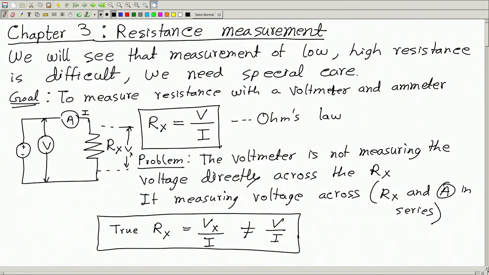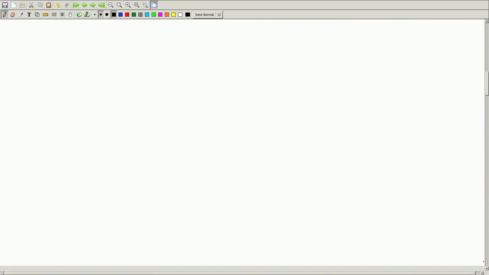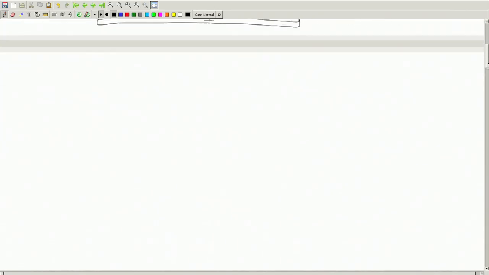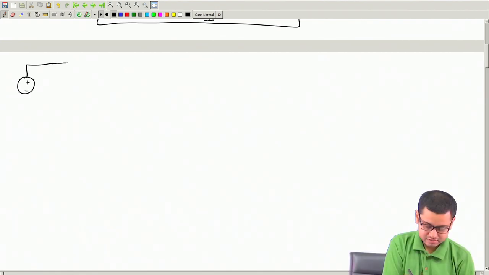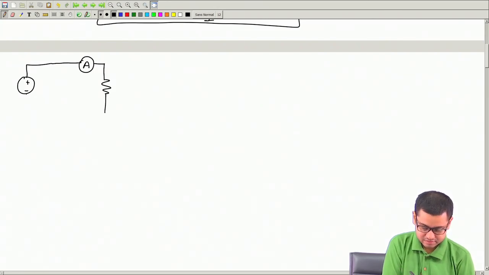Let's try that. Let's make another circuit. The previous circuit was like this. So this is the previous circuit.